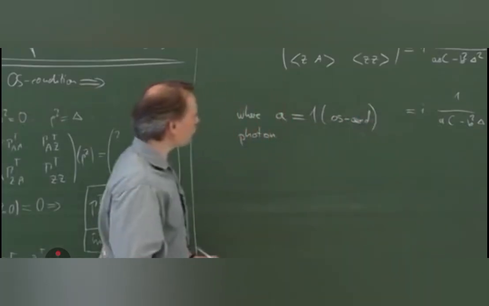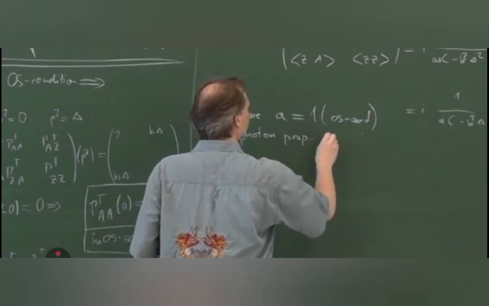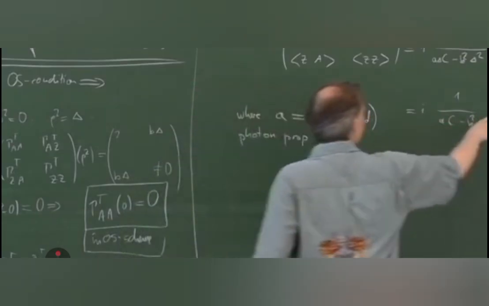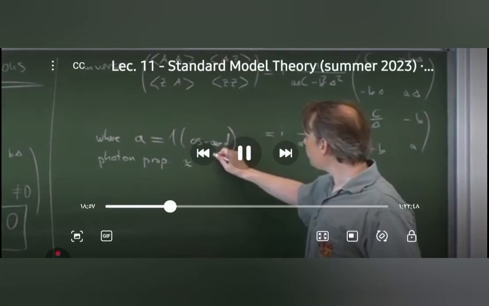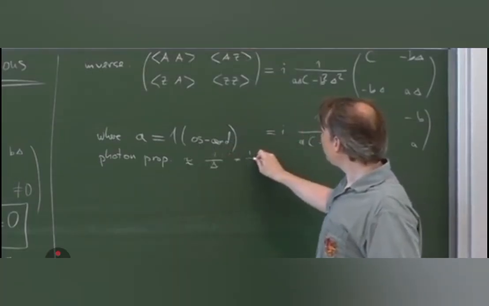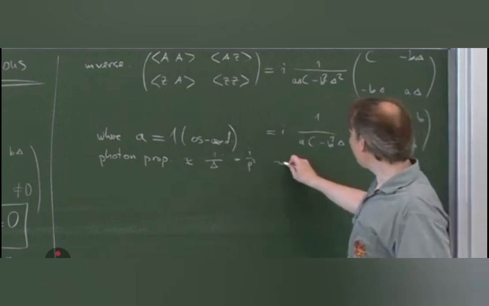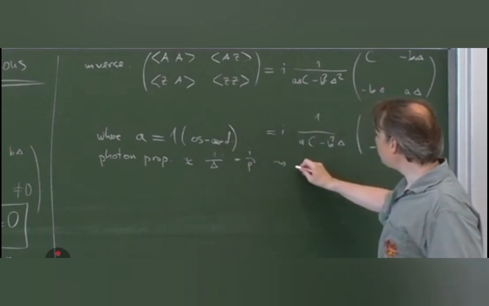So therefore the photon propagator behaves around p square equals 0 simply like I divided by delta, I divided by p square. And so it has residue 1 and a pole at p square equals 0.